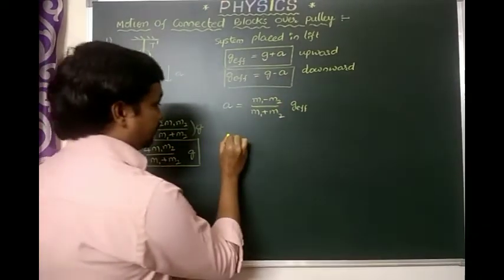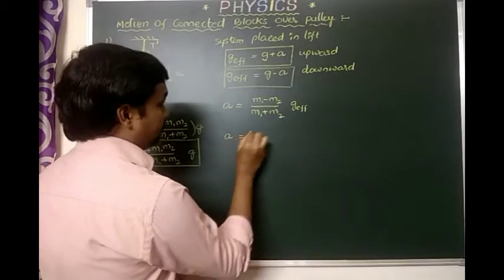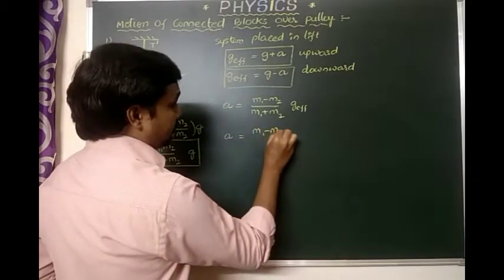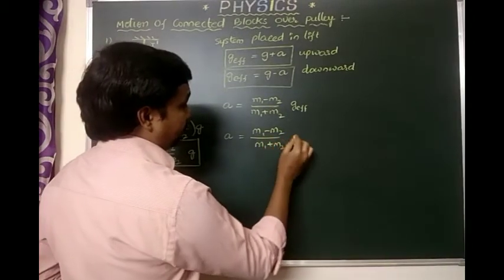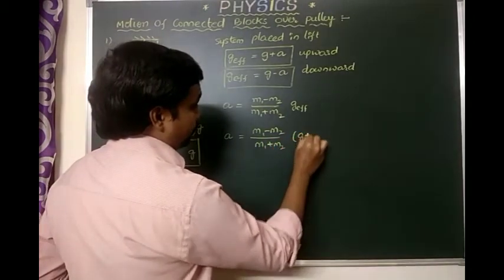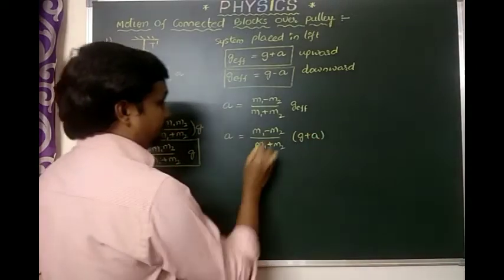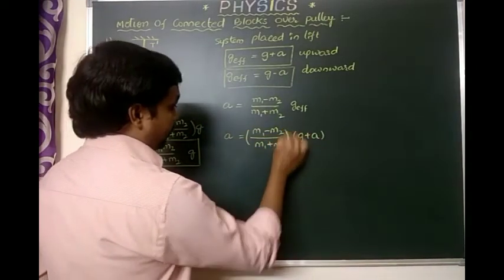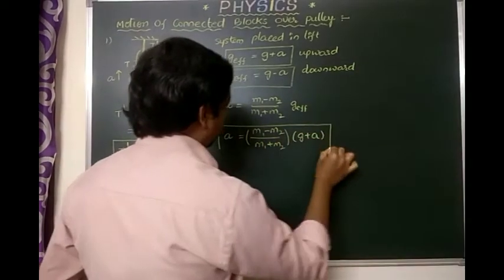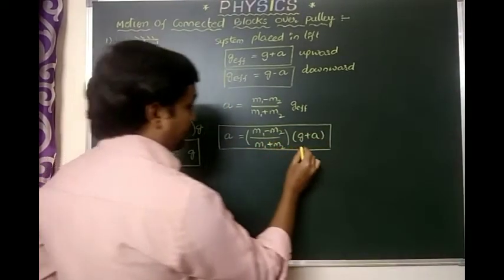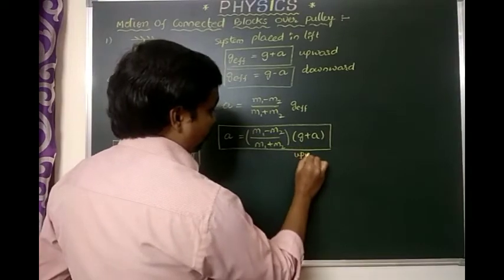So the acceleration formula is a equals m1 minus m2 divided by m1 plus m2 into g plus a, when the lift is moving in the upward direction.